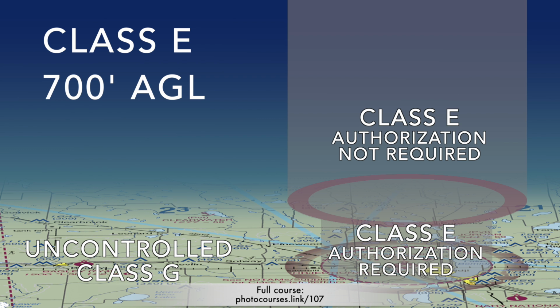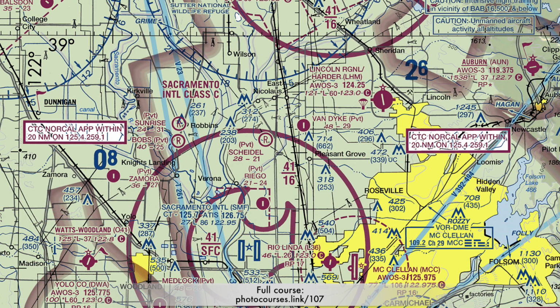Because this type of airspace can cover such a large area over the United States, it can be confusing when you're looking at a chart to figure out which side of that line is where Class E airspace starts at 700 feet. So when you're looking at these thick shaded magenta lines, you'll notice that one side of the line has a very hard, abrupt edge, while the other side of the line is kind of shaded and feathered in or less opaque.